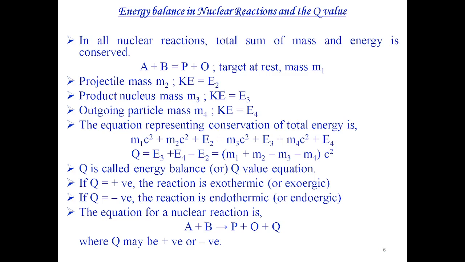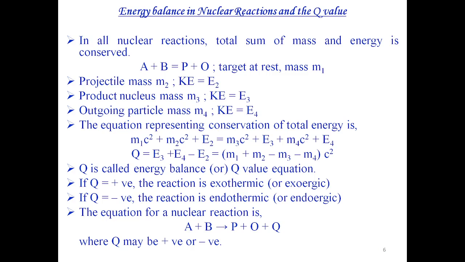Here, since the target is at rest, E1 is 0. So now let us calculate the equation representing the conservation of total energy, which is M1 C squared plus E1, but since the target is at rest, E1 will be 0. So this will become M1 C squared plus M2 C squared plus E2.